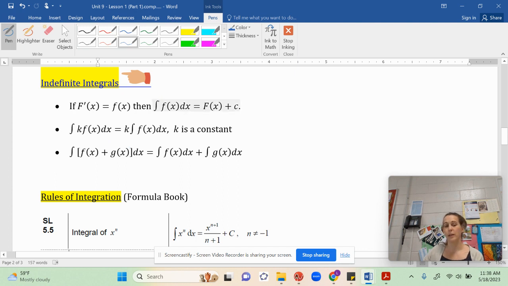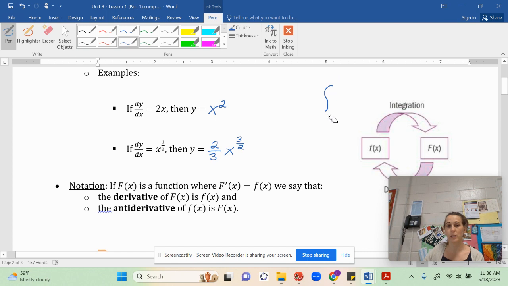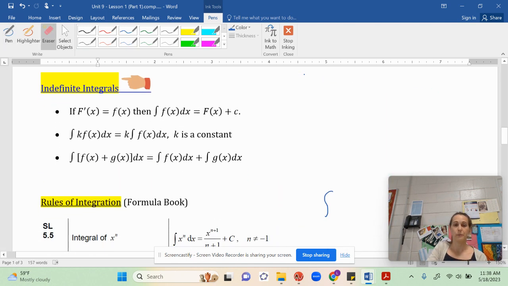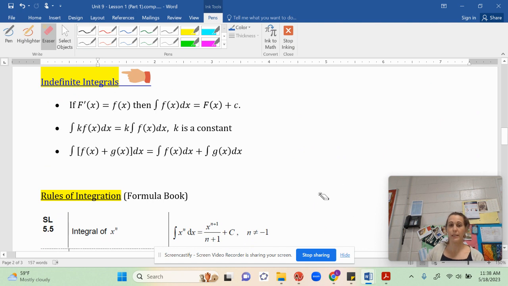We can also say then that this symbol here, the integral symbol, says find the antiderivative of f of x with respect to x. The integral of f of x dx is how it's read.